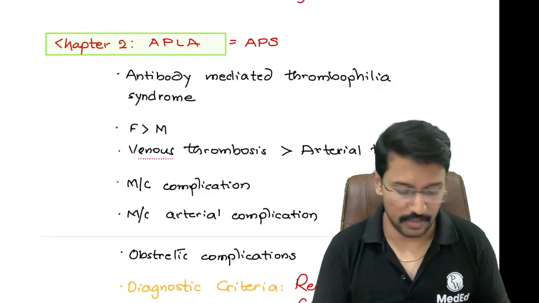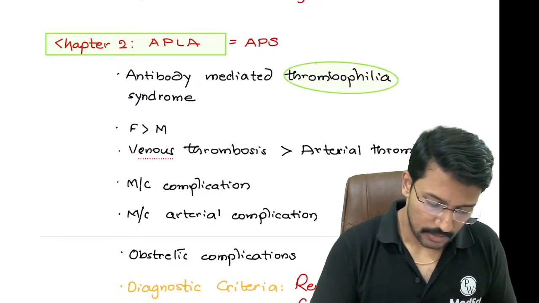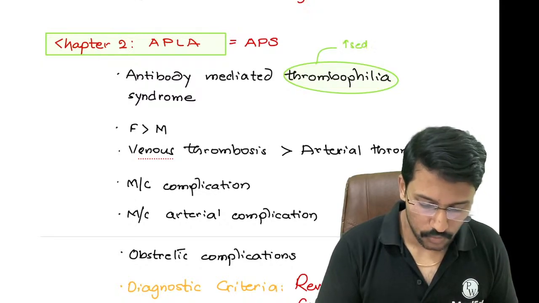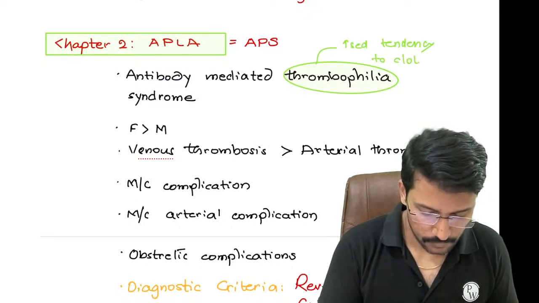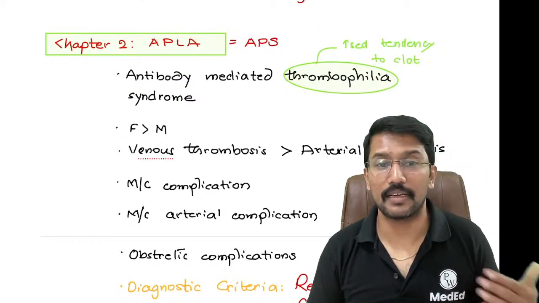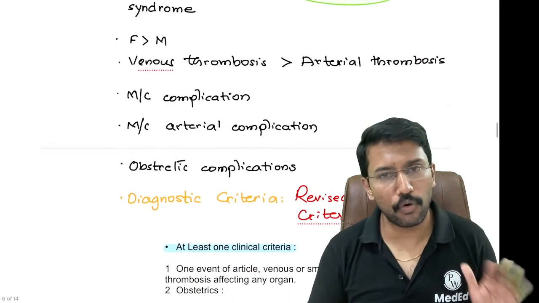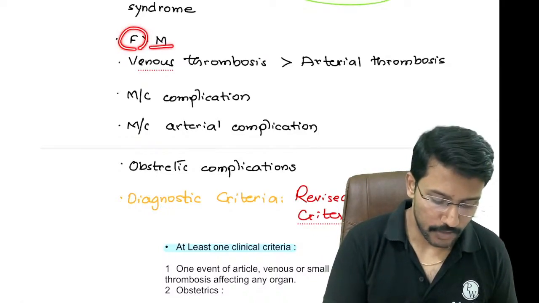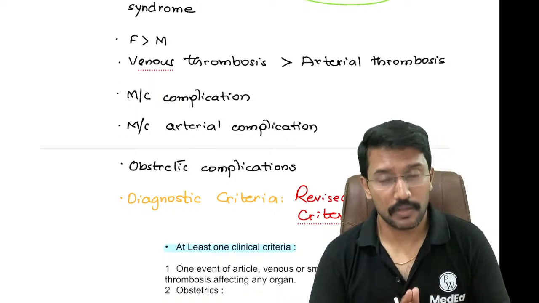When you say thrombophilia, what does it mean? It means tendency to clot, increased tendency to develop clots. Antibody-mediated increased tendency to develop clots. So this is also an autoimmune disorder, and by default autoimmune disorders are more common in females than males. Okay. So typically where are we developing these clots?